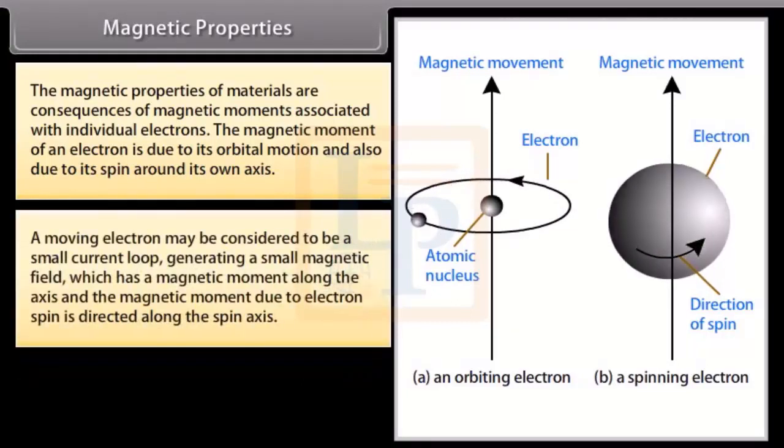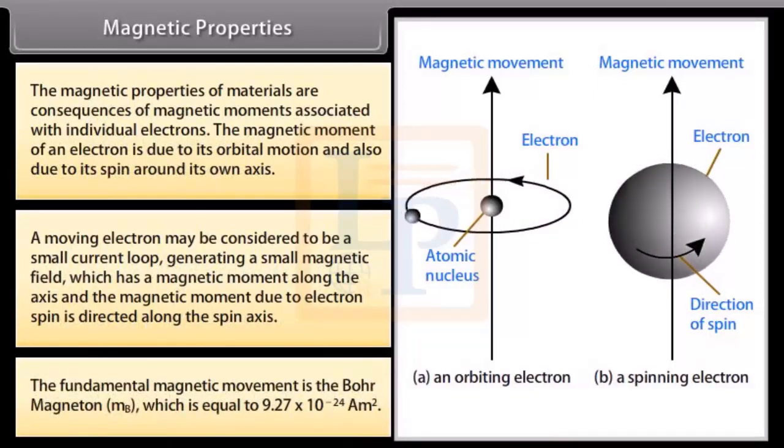A moving electron may be considered to be a small current loop generating a small magnetic field, which has a magnetic moment along the axis, and the magnetic moment due to electron spin is directed along the spin axis. The fundamental magnetic moment is the Bohr magneton, μB, which is equal to 9.27 × 10^-24 A·m².